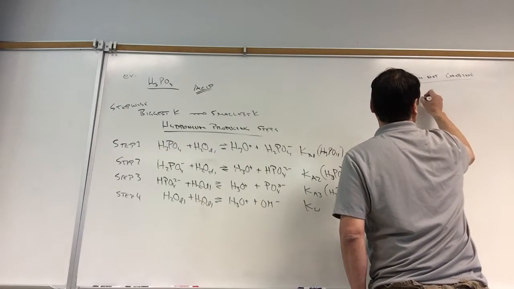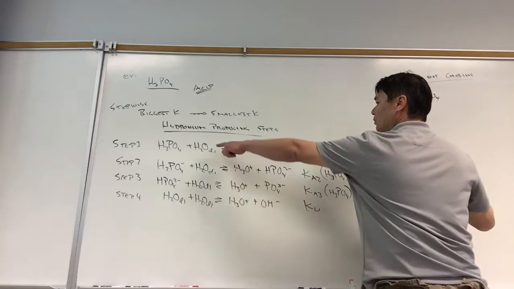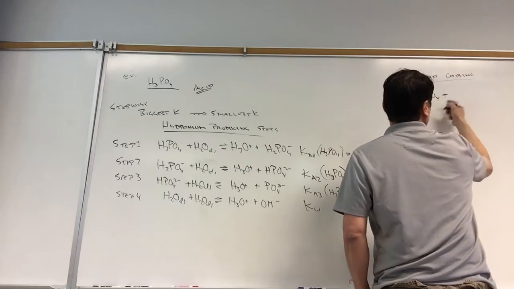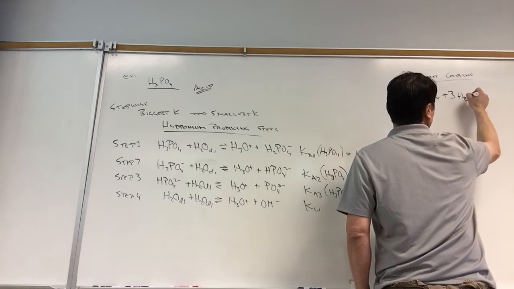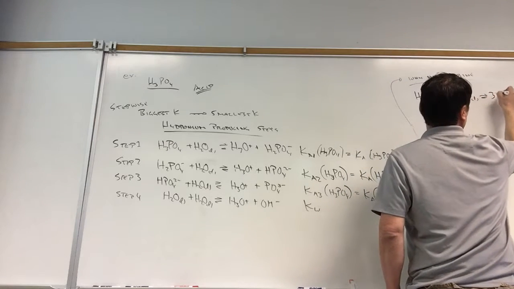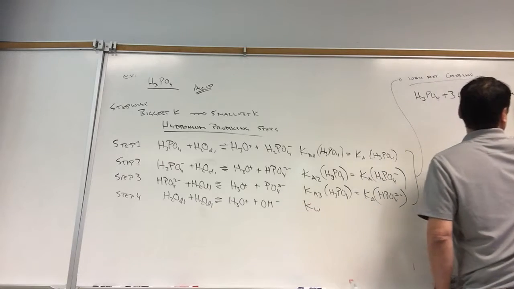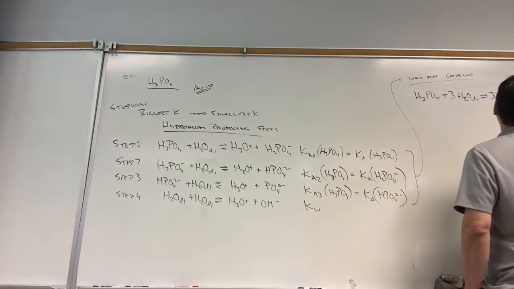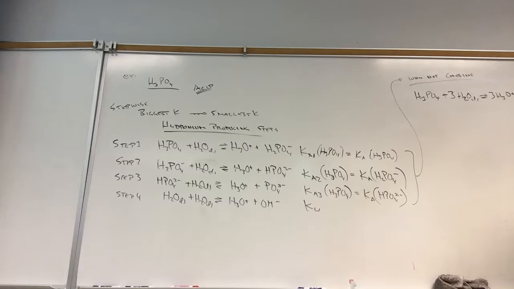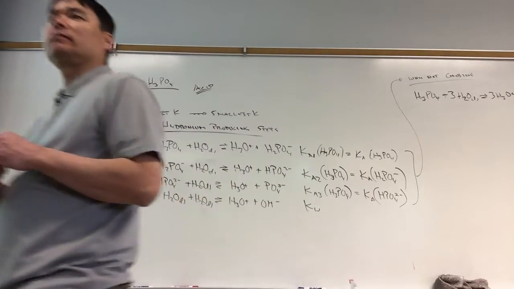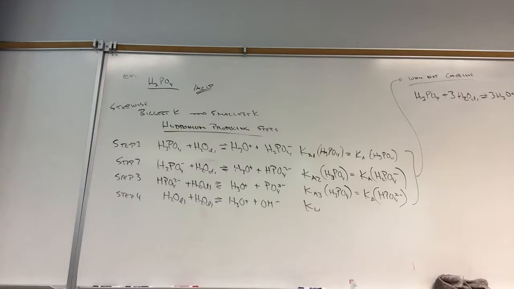If we combine those three, let me add up the equations. A whole bunch of stuff cancels out as spectators. I'll have H3PO4 plus 3 waters, which gives me 3 hydroniums plus a phosphate. And the K for the combined is just going to equal Ka1 times Ka2 times Ka3. We learned this in chapter 15, right? This is how you determine Ks without actually having to do an experiment.